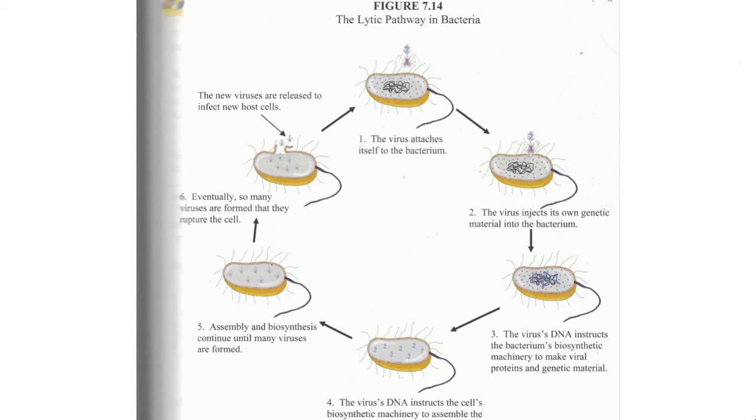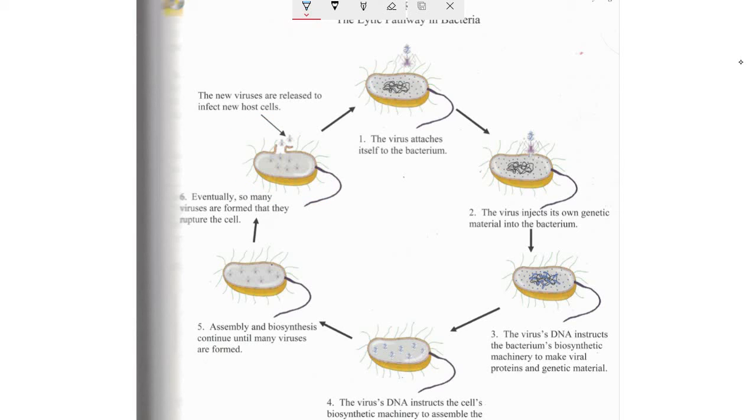In this case, they actually attach themselves to a bacteria cell, and then they put their own DNA or RNA into that bacteria cell, and then when the bacteria cell reproduces, it's reproducing the virus. And then when there get to be so many of them, the cell will rupture, and then more viruses get released so that they can then go attack other cells.